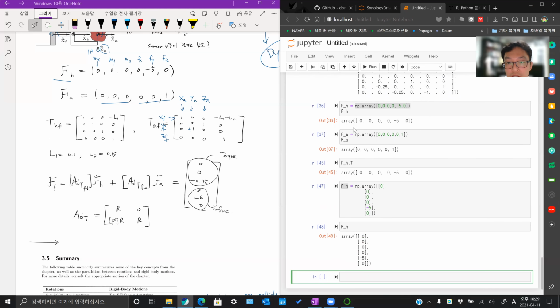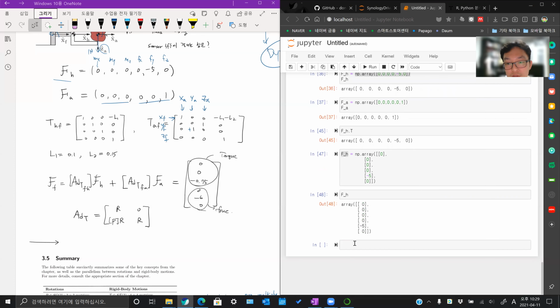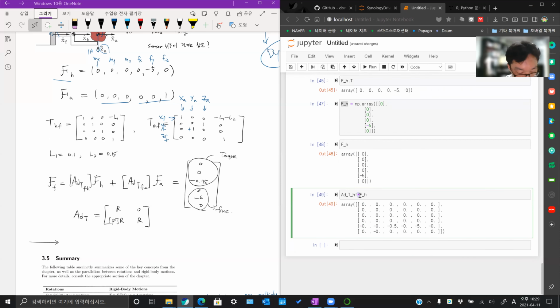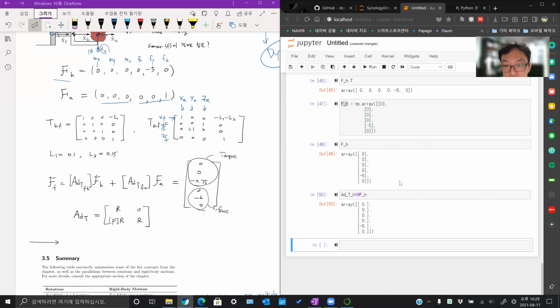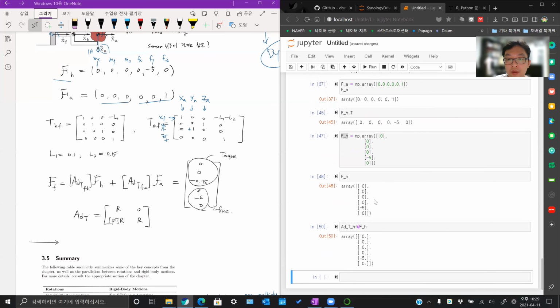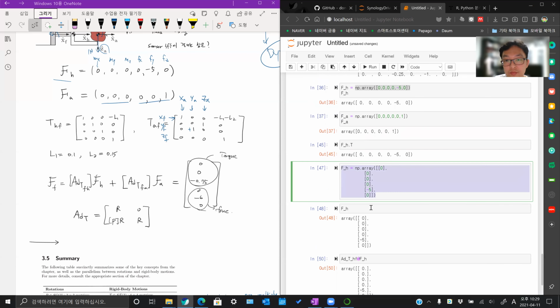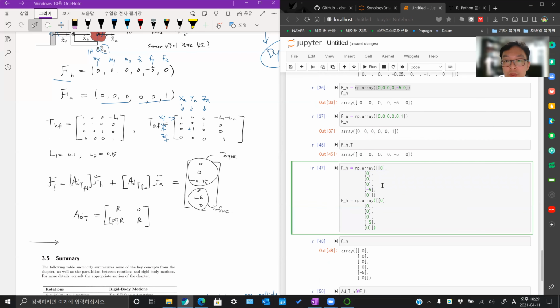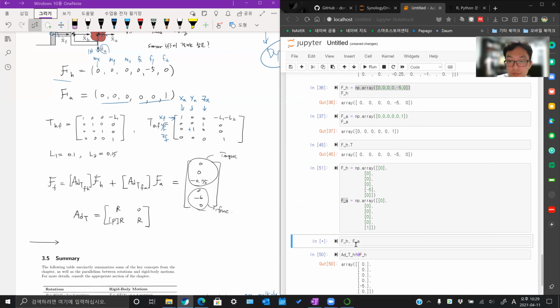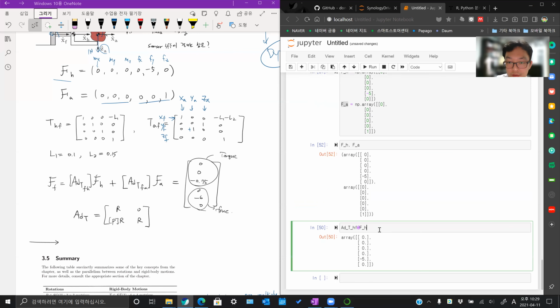Okay, let's multiply FH with this multiplication. And zero, 1, A. And plus.